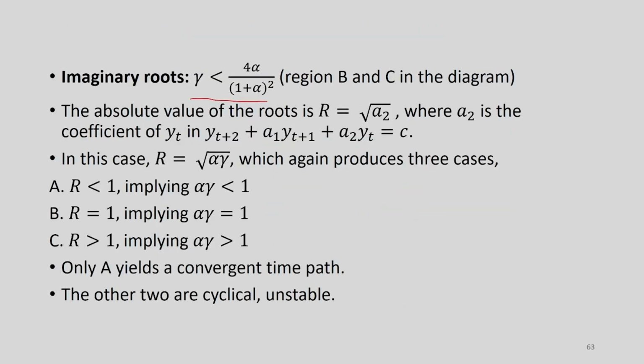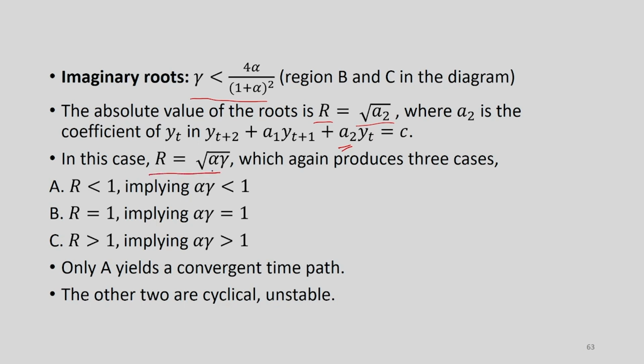Now, as we know, the absolute value of the roots, r, is important; it has to be less than 1 for convergence. Here r is equal to root over a, where a is this coefficient. So, in our case a is equal to alpha multiplied by gamma.